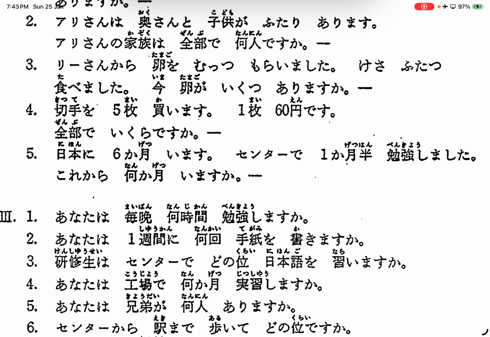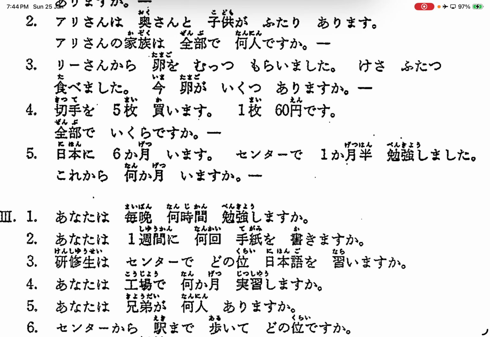7ヶ月います。Wrong. 日本に6ヶ月います。What does it mean? In Japan for 6 months. Okay. Then センターで1ヶ月半勉強しました。So he has already studied in the center for 1.5 months.